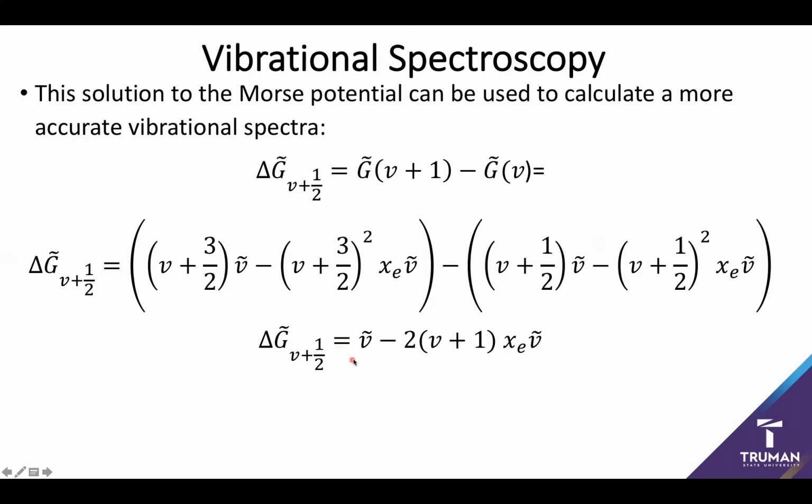And you can think about it this way, that this first term is going to be just my harmonic oscillator solution. The second term is going to be due to the anharmonicity correction that comes from the Morse potential. So this one gets a little bit messier. We're going to need to do some expansions and some subtractions. But when you do this, what you find is that the excitation is going to happen at a slightly lower wave number than would be expected from the harmonic oscillator.